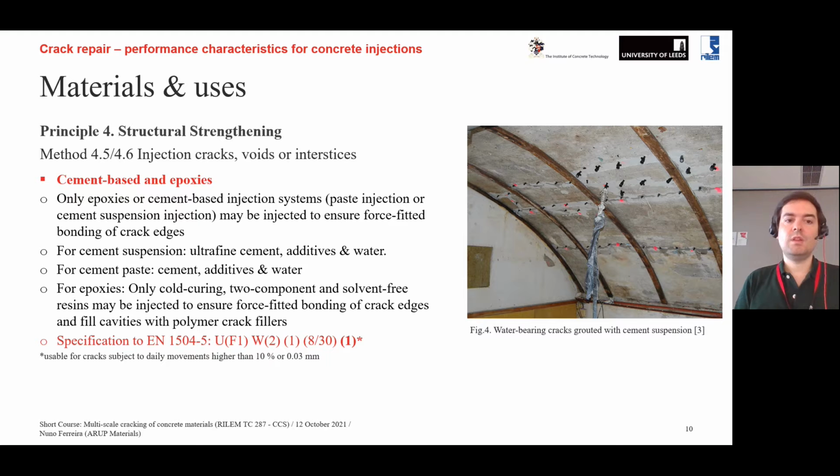In terms of structural strengthening, we have the cement-based materials and epoxies. Usually only epoxies or cement-based injection systems, being either paste systems or cement suspension or micro cements, may be injected to ensure transmission across the cracked surfaces. For cement suspensions, we will be talking about ultrafine cement.